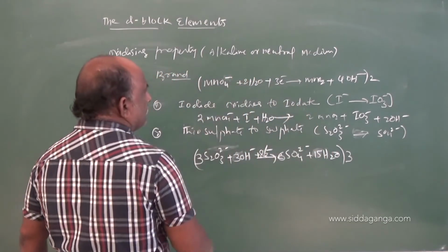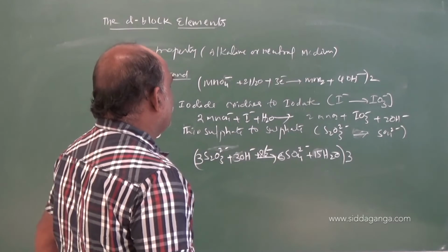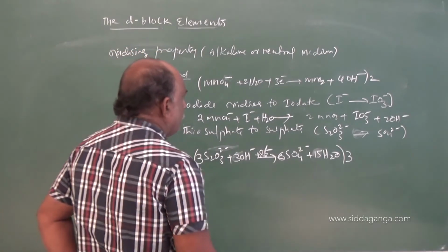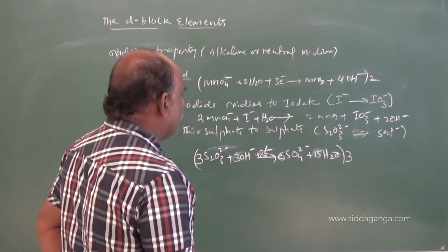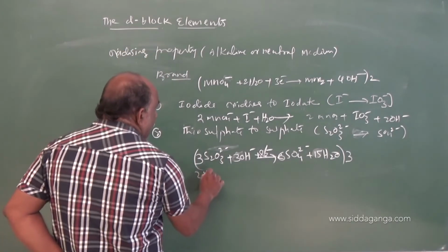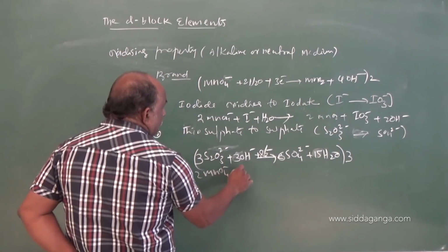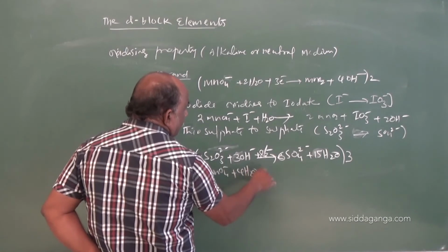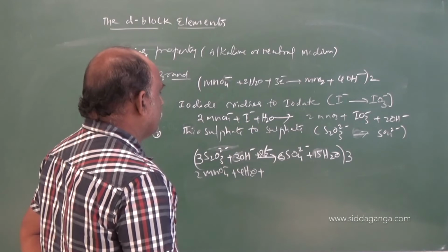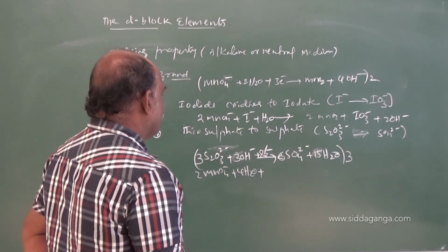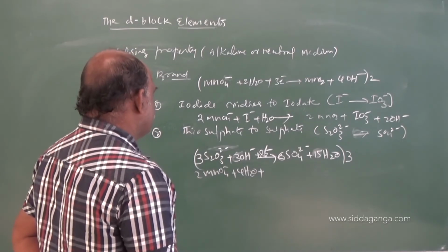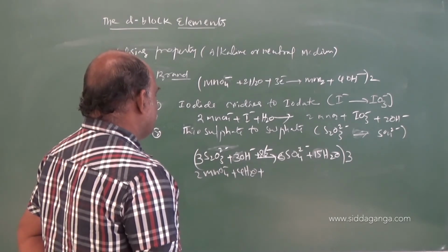And for the other one, 2MnO4 minus plus 4H2O plus 8 electrons. 3 S2O3 2 minus, 3 OH minus.